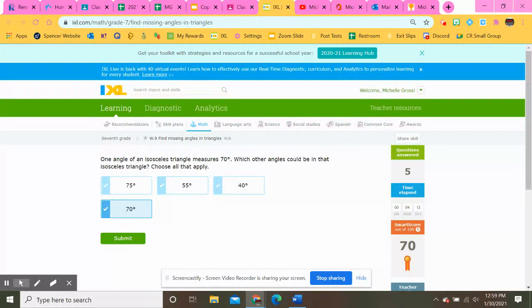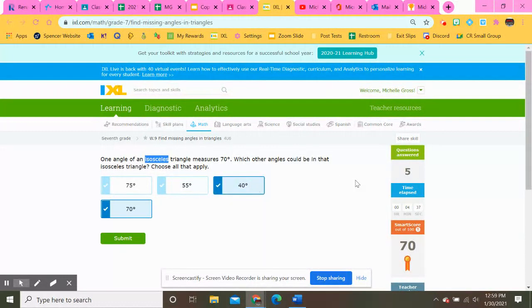Those could be your two. But remember it's isosceles, so two of the angles are going to be the same. That's why we could have had a 70 and a 70. But think about that. 70 plus 70 is 140. So if 70 and 70 is 140, the other angle could be 40.